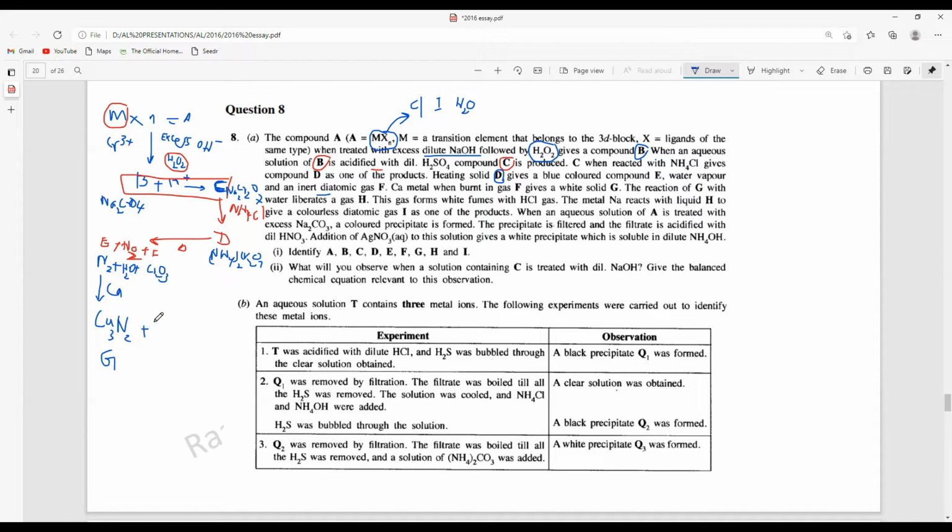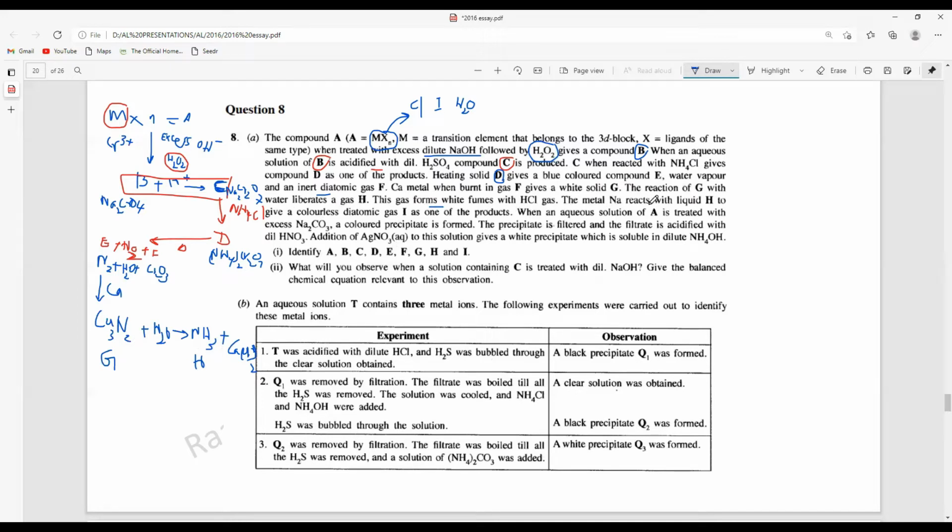When you react this with water, since it has N3 minus, it will form ammonia and calcium hydroxide. Okay, so it gives you the idea. So when G reacts with water it liberates gas H. So gas H is ammonia. This gas forms white fumes with HCl. So HCl with ammonia will form ammonium chloride, which is our white fume.